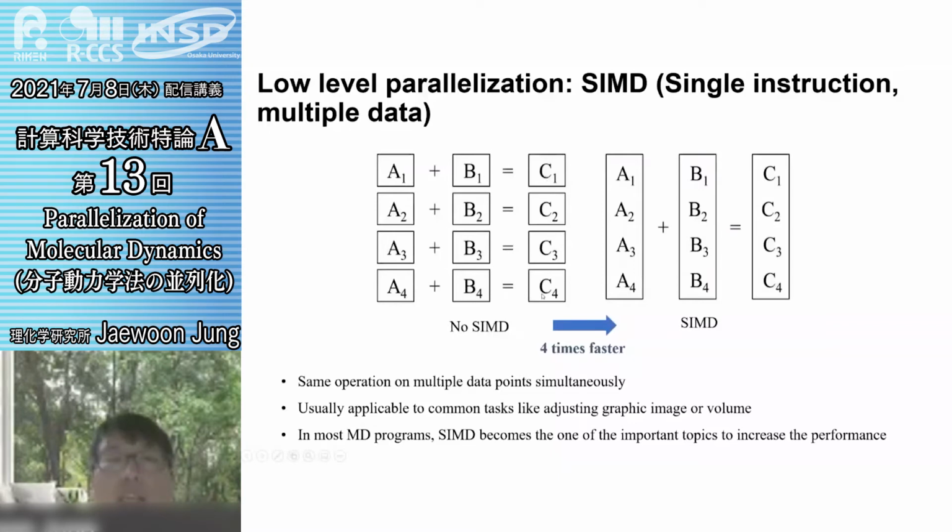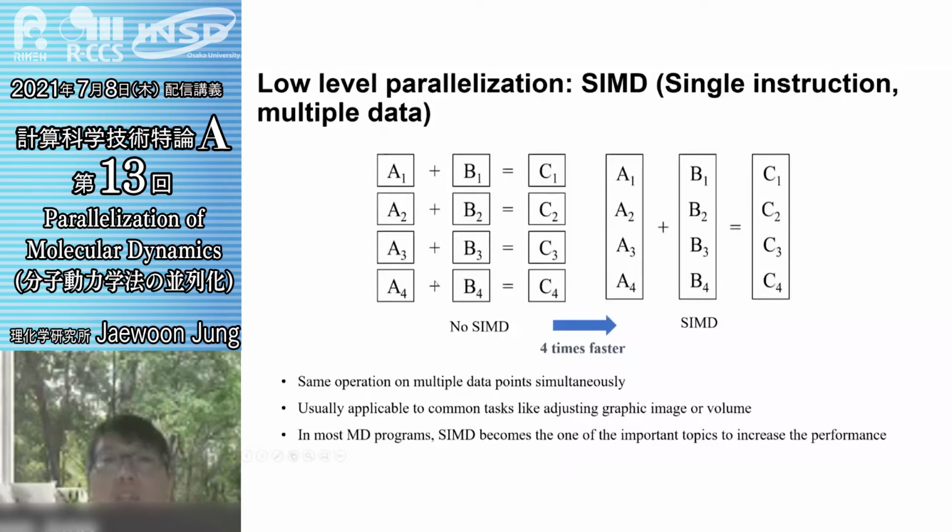We want to obtain the elements of C just by adding the elements of A and B. In this case, we first obtain C1 from the addition of A1 and B1. And next, we can obtain C2 by adding A2 and B2. So to obtain the 4 elements of C, we need 4 addition operations.